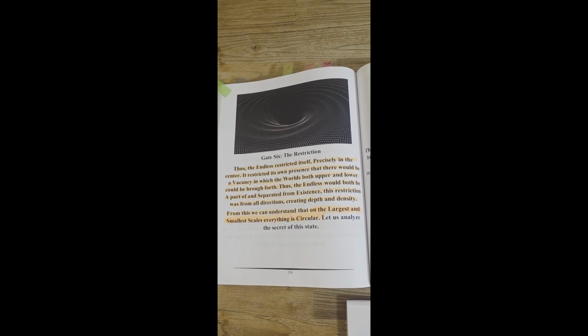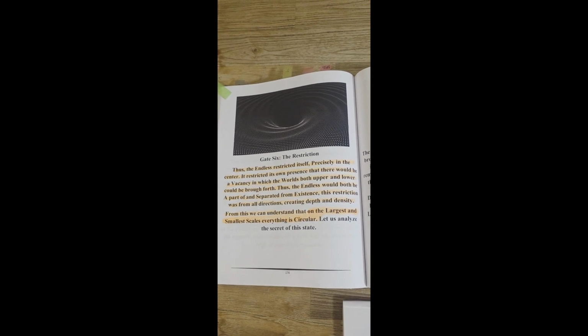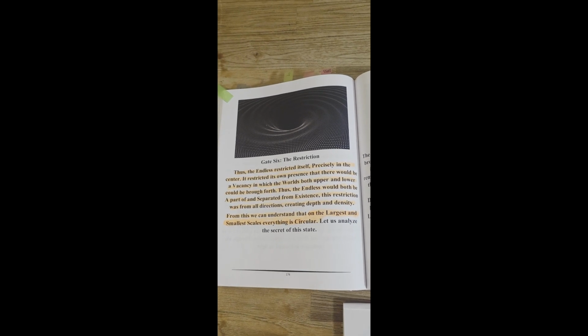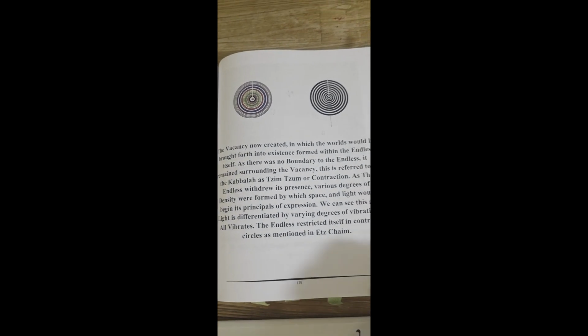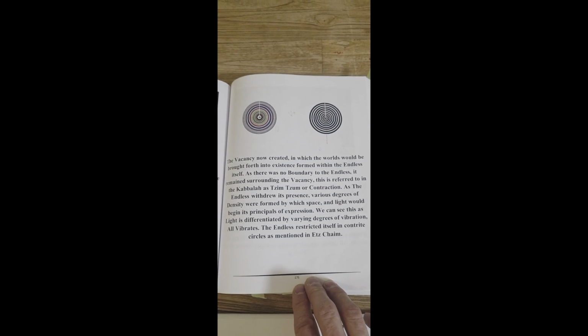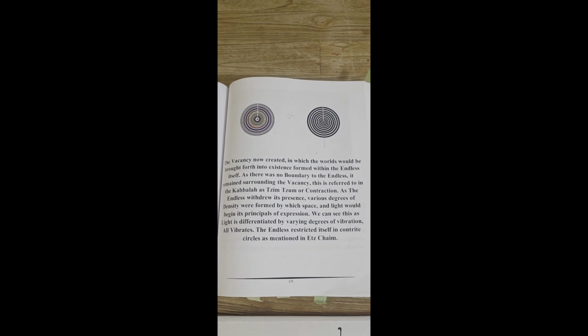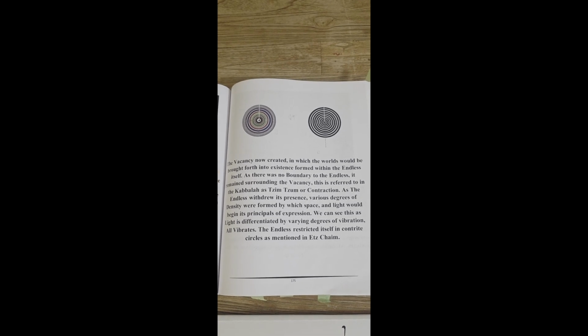From this we can understand that on the largest and smallest scale everything is circular. Let us analyze the secret of this state. So the vacancy now created, in which the worlds would be brought forth into existence, formed within the endless itself. As there was no boundary to the endless, it remained surrounding the vacancy.